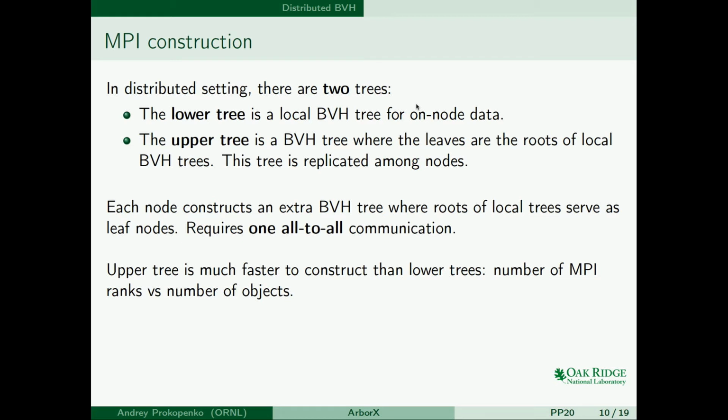So if you run on Summit and use a single MPI rank per node, you just have 4,000 leaf nodes, which is pretty small and may not be perfect for the BVH tree. Construction is actually pretty easy in terms of communication. It requires a single MPI all-to-all to exchange the bounding boxes among all the processors.